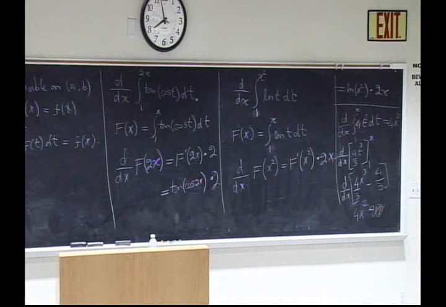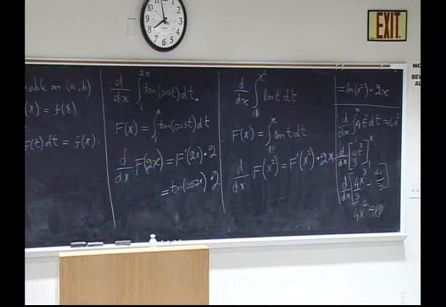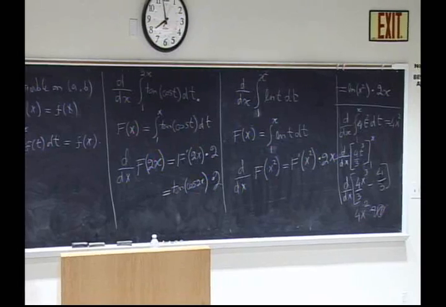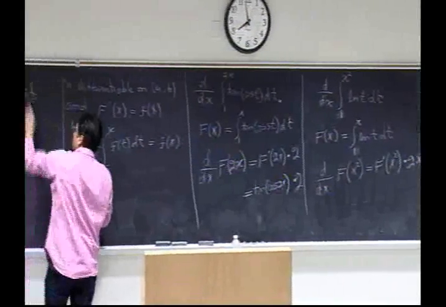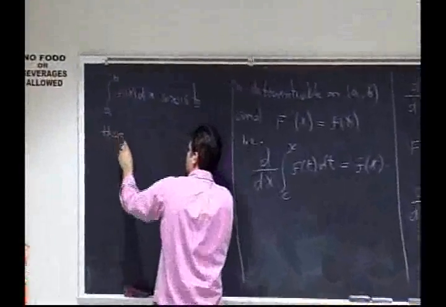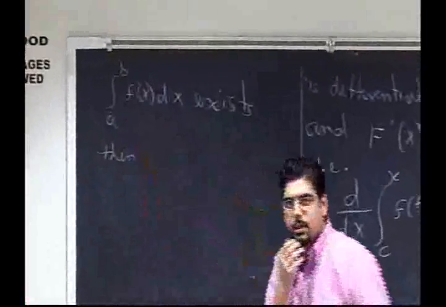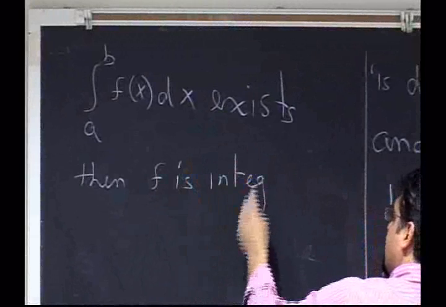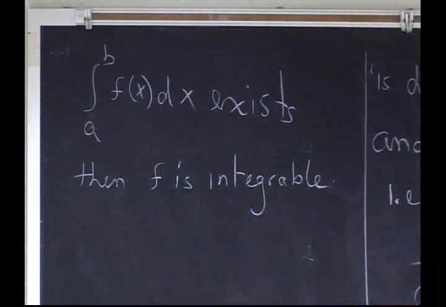So for the fundamental theorem, we're requiring this function little f to be continuous. Now, last time I said that if this number exists, then f doesn't have to be continuous for this to exist. F just has to be integrable. What does that mean?